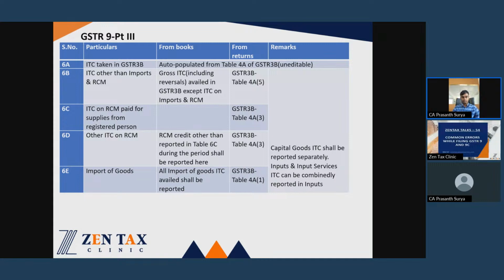The figures will be automatically auto-populated in the portal. It is editable, but it is auto-populated from GSTR1 or 3B. So therefore, many of them declare what they have declared in GSTR1 in table 4 and 5.